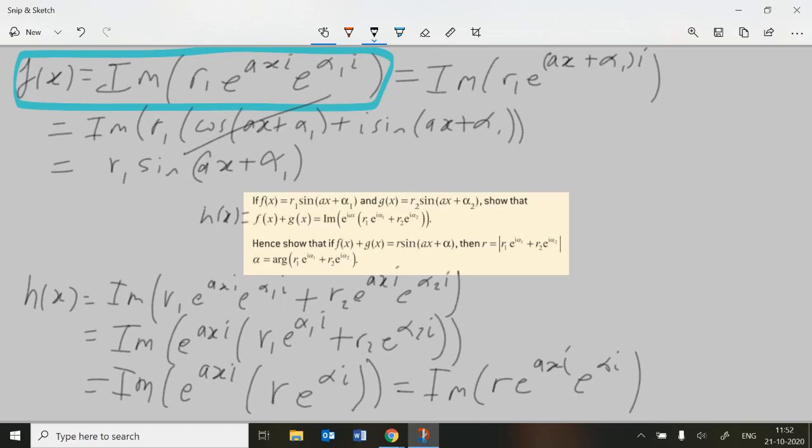So the imaginary part of the entire complex number here, rather, the modulus of the entire complex number here is the same as the modulus of the entire complex number here. So we can simply say, let's take the absolute value of this, and that will give us the r that we require.